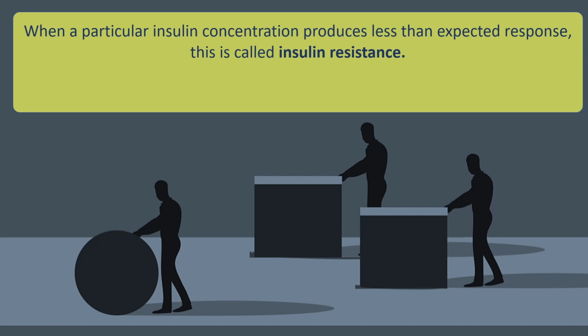It is not producing as much response as we expect from that concentration of insulin. That means that there is some resistance to actions of insulin. Someone is resisting insulin from performing its proper actions.